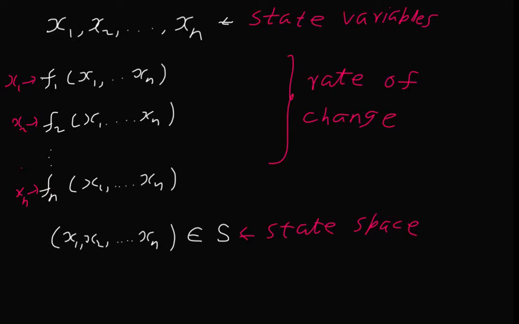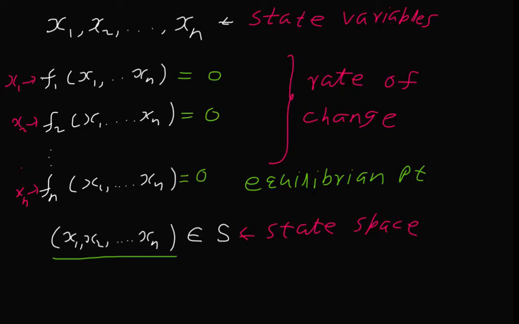Then the point x1, x2, xn is called an equilibrium point, provided that f1 equals 0, f2 equals 0, up to fn equals 0.